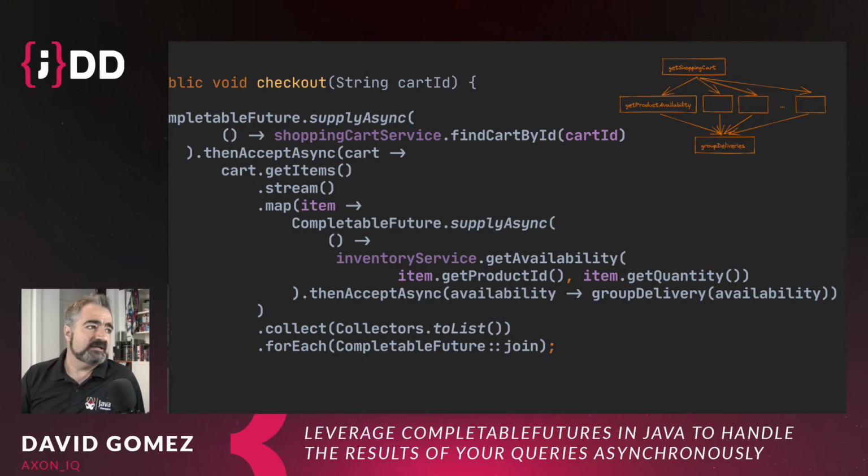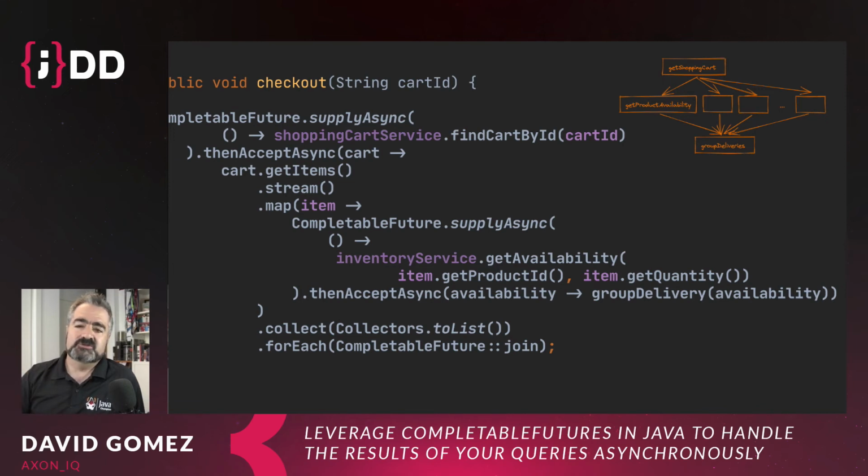This will return a cart. So after that, we are going to specify a chain in which we are going to add a second task, which is basically dependent on the first one. So the second task that is linked with thenCompose will receive the result of the first task. And this is a cart.